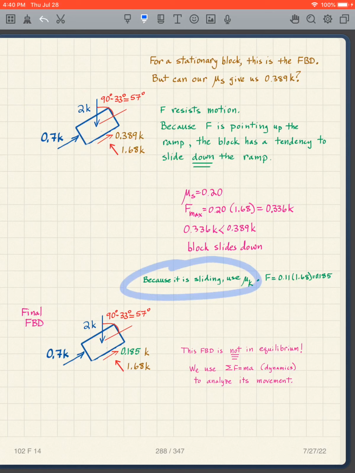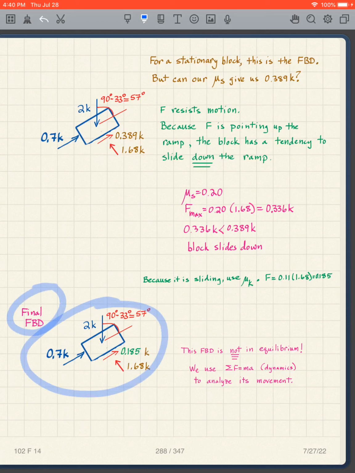Because it's sliding down, we now go into mu k, and mu k is 0.11, so 0.11 times 1.68 gives us 0.185. That's the actual frictional resistance that I'm getting, so I put that in there, and that is my final free body diagram.